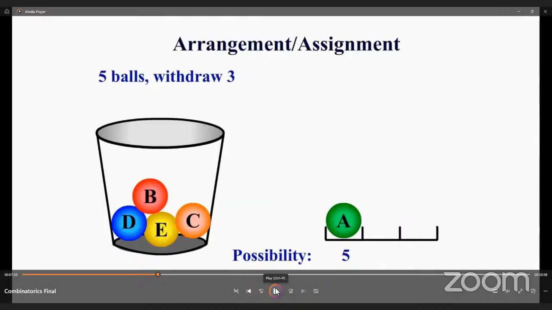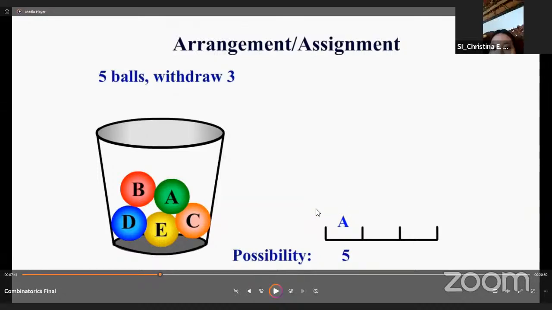So the first ball is A. Then you put it back. The second withdrawal, how many possibilities? Four.